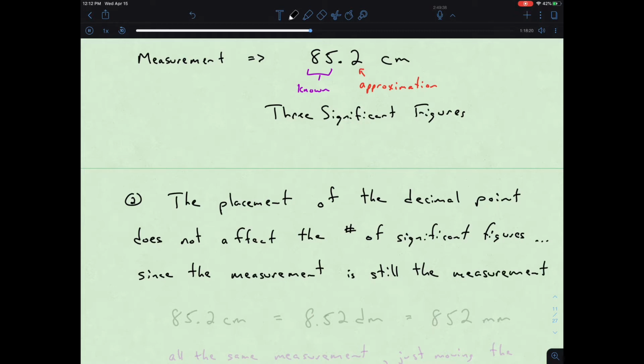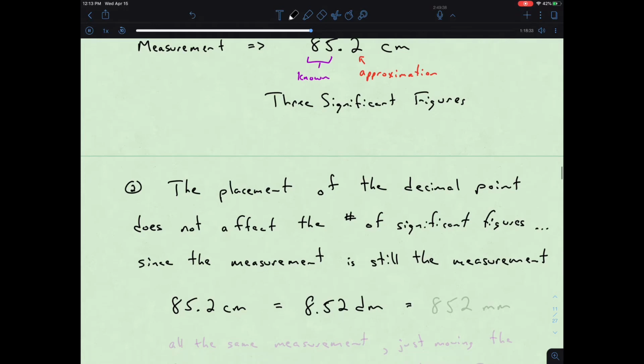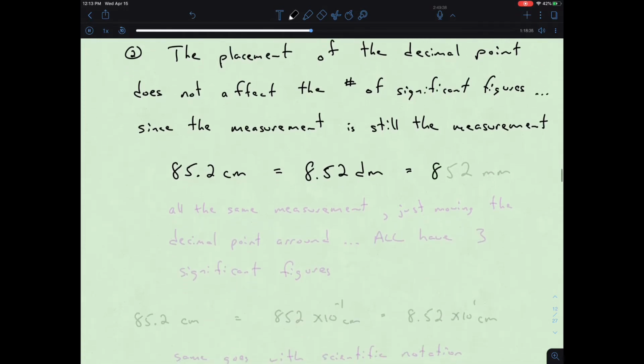So if we use our example above, 85.2 centimeters would be the same as 8.52 decimeters, which would be the same as 852 millimeters. These are all the same measurement, right?